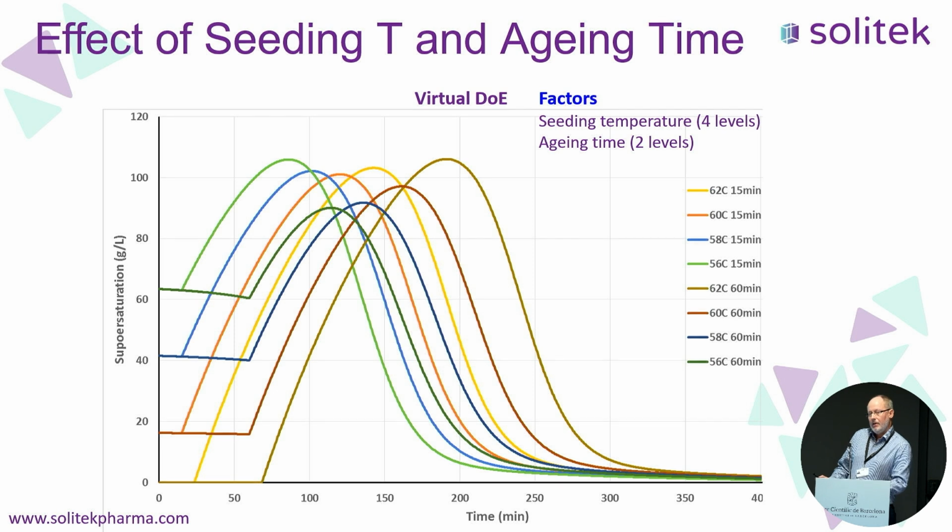So it's something to bear in mind that seeding at higher temperature isn't necessarily going to give you lower supersaturation throughout the process. Initially you have lower supersaturation, but once you start cooling, all of that changes. And this is how the model helps you. So you see the highest supersaturation was under these conditions, and the lowest was by seeding at a lower temperature, a higher initial supersaturation, but by using a longer aging time.